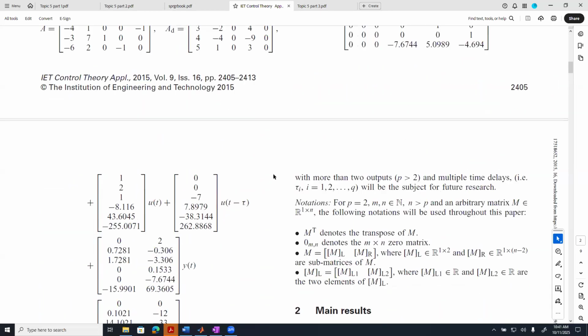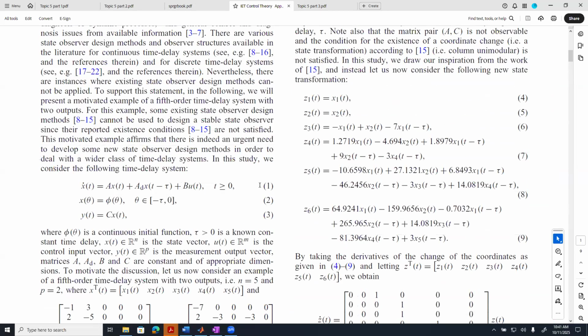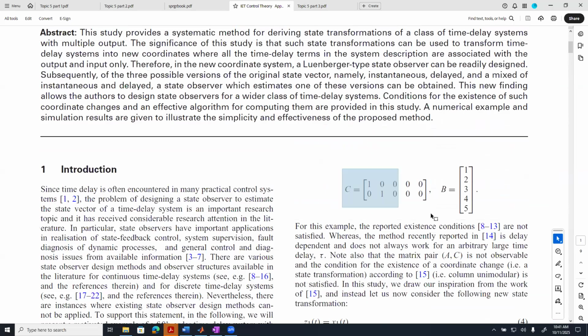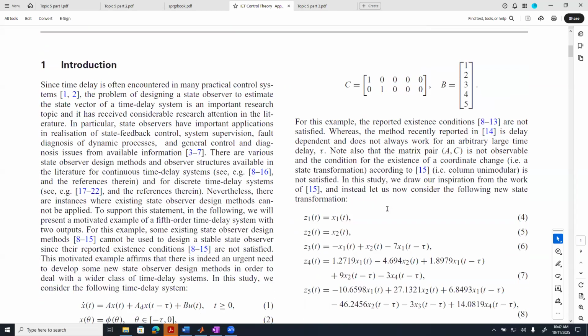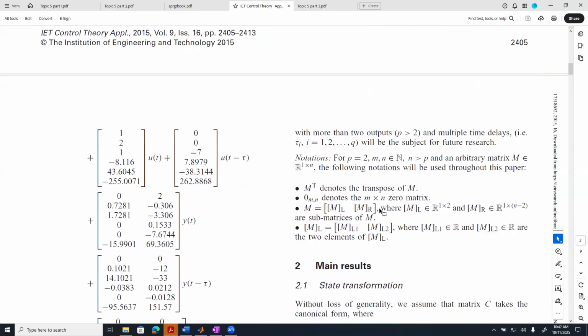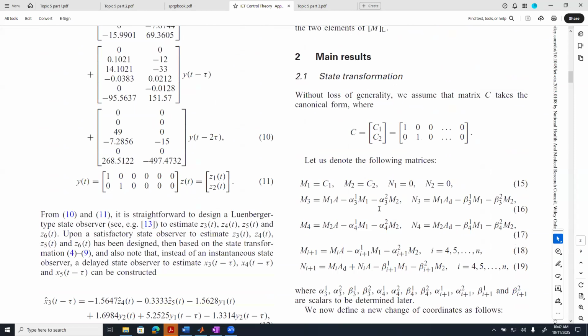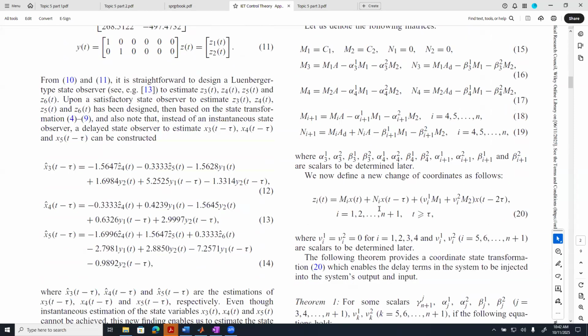So in this example, we have 2 output measurements. So the first 2 stack variables are directly from the output measurement vector, but there are 3 unmeasurable stack variables corresponding to the third, fourth and fifth stack variables. We can't design an instantaneous stack observer for them. So we have to rely on a delay stack observer.